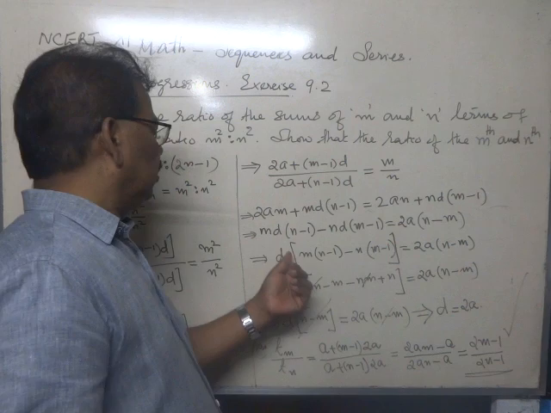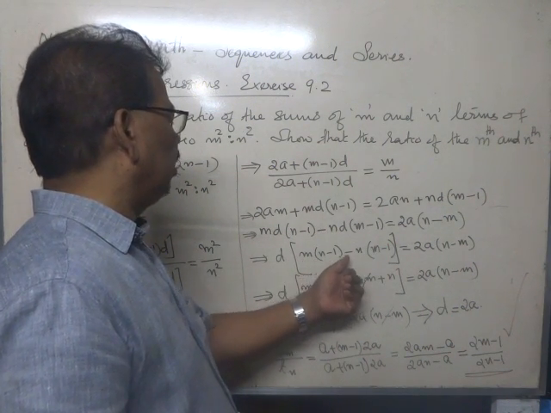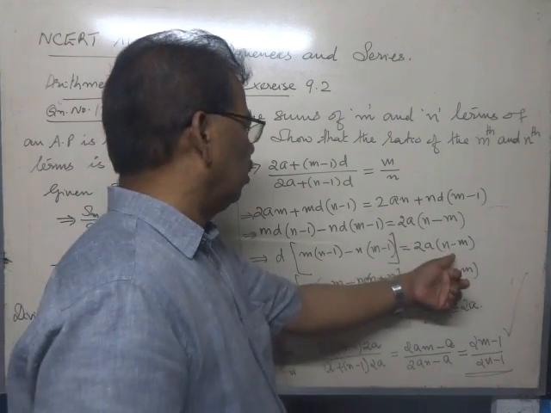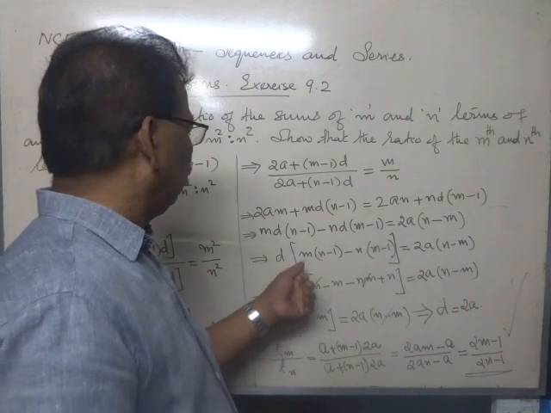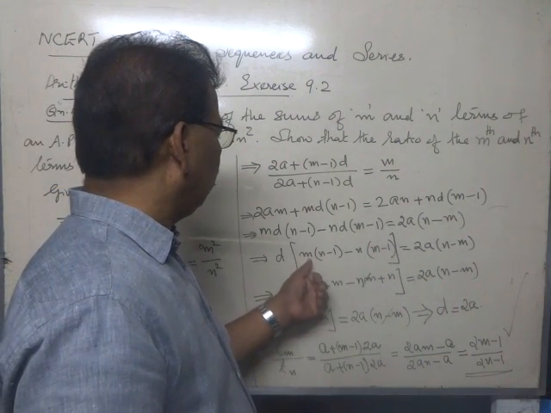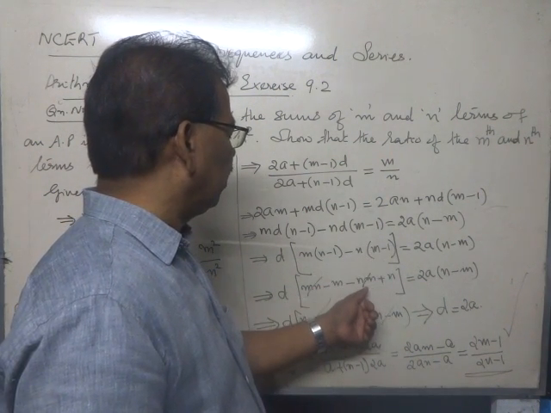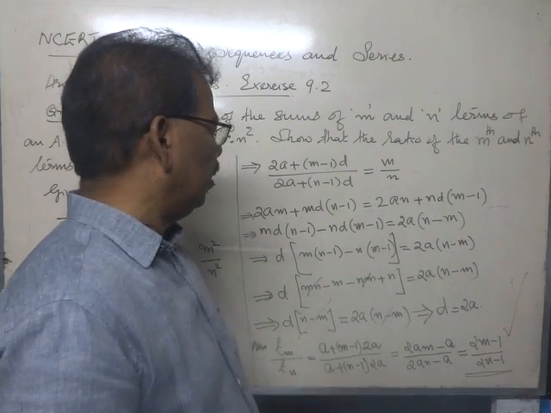Now simplifying, d is common, d into m into n minus 1 minus n into m minus 1 is equal to 2a into n minus m. Here d into mn, m into minus 1 that is minus m, minus n into m, that is minus nm, minus n into minus 1, that is plus n.